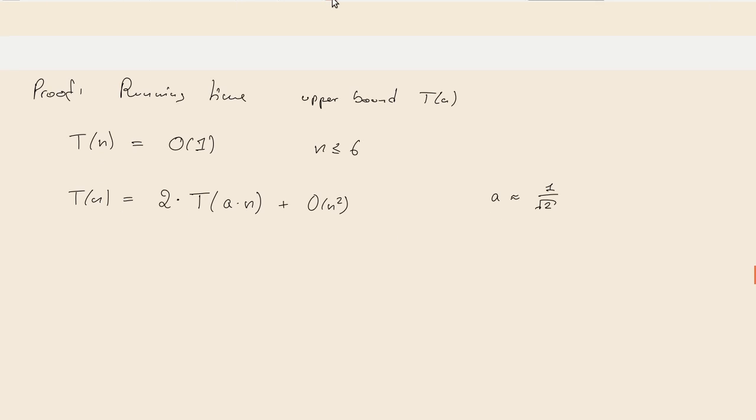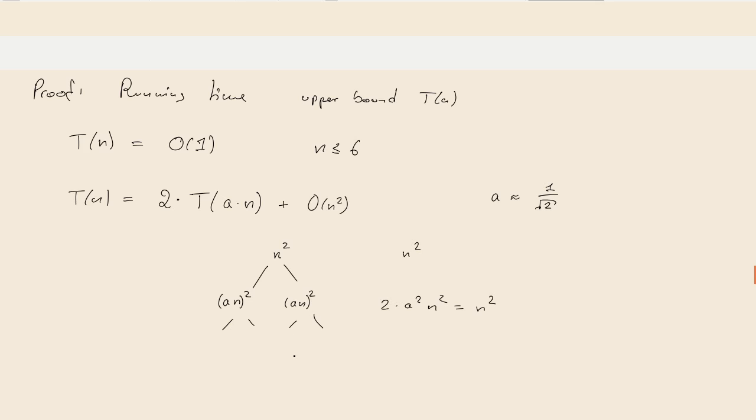Now, if you look at this from a master theorem point of view, on the first level you have n squared effort, then you branch into two cases where you have an as the graph size, so the toll function on the next level is an squared, so that makes 2 times a squared n squared compared to n squared. And since a is just 1 over square root 2, that's actually n squared again. So what this tells you is that on all levels of your recursion tree, in total, you do n squared effort.